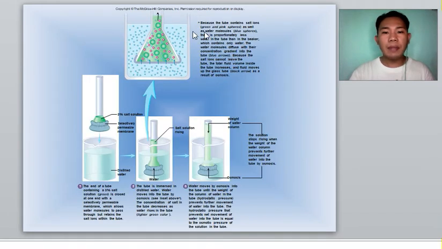Just like in this laboratory experiment. This laboratory experiment is a basic experiment for science majors, especially bio students. So here we have the container or the beaker with distilled water and a thistle tube with 3% salt solution.